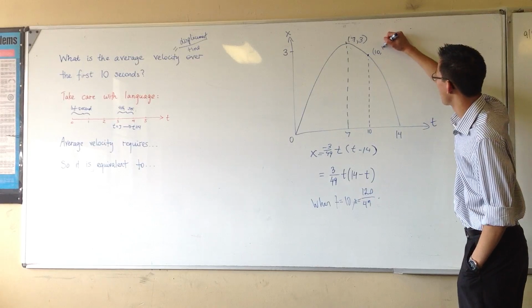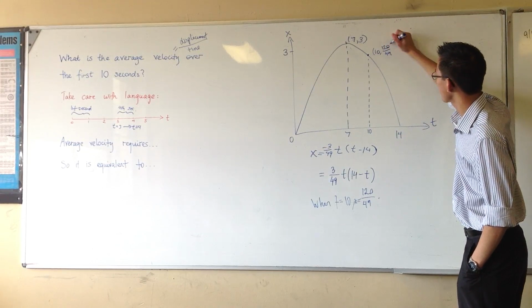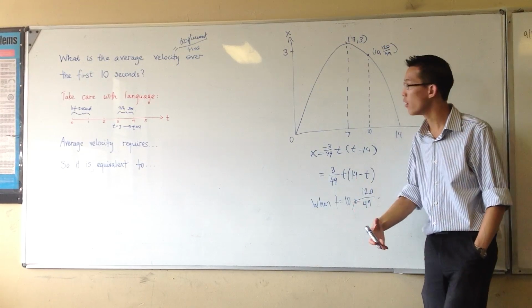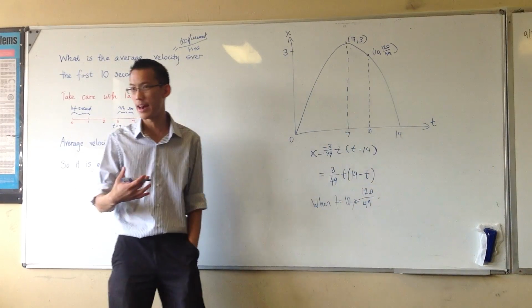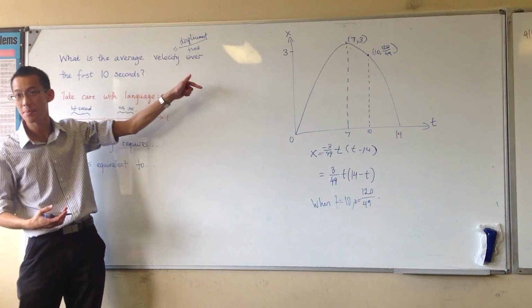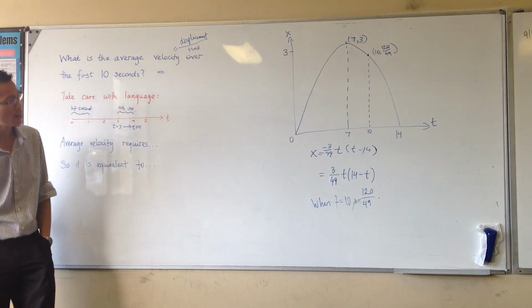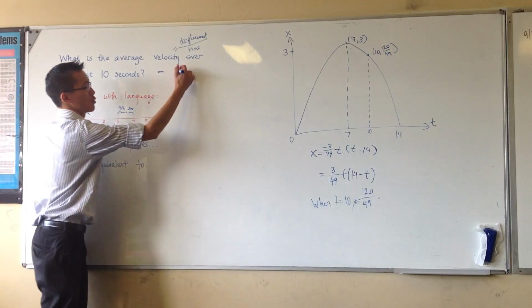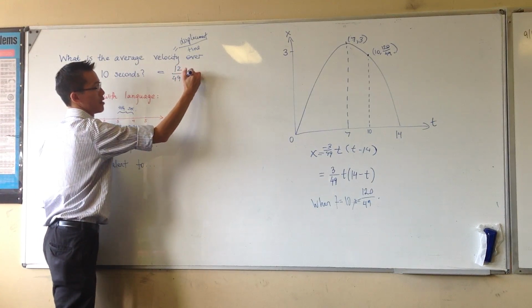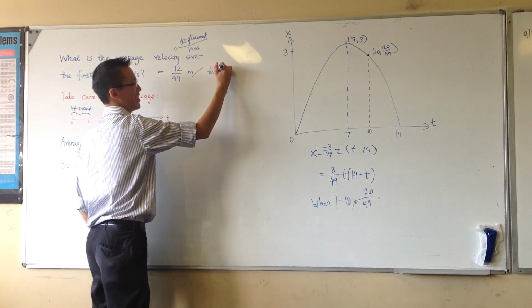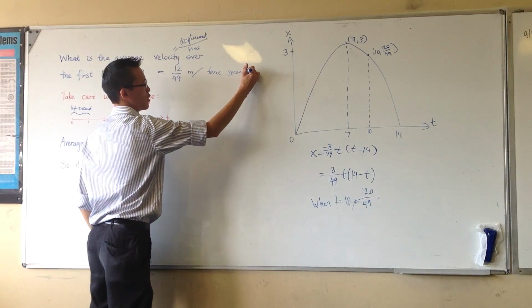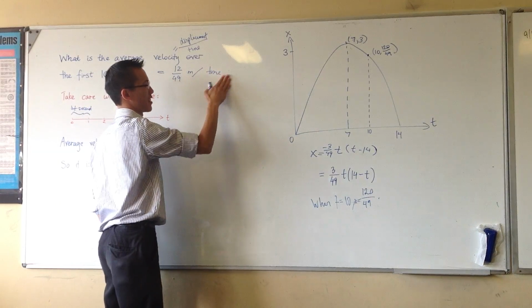So that's where I am. Therefore, what do I do with that? That's my displacement. I divide it by time. That gives you the average velocity being 12 on 49 meters per second.